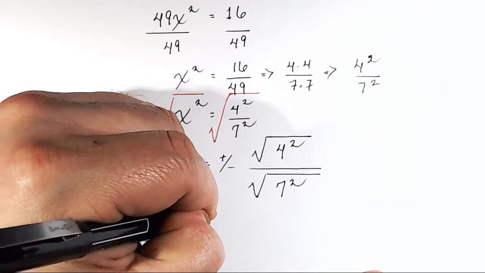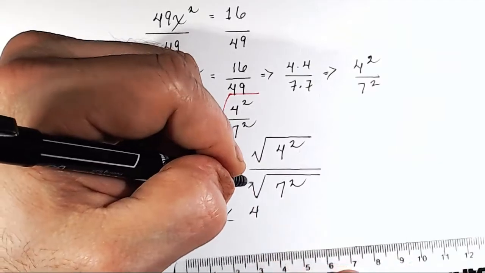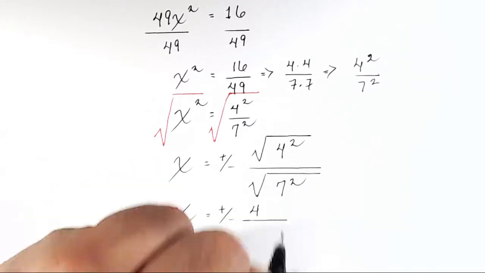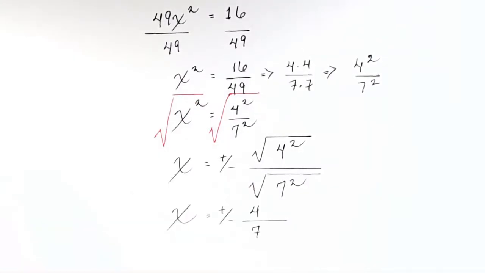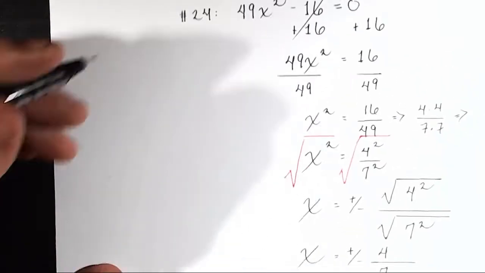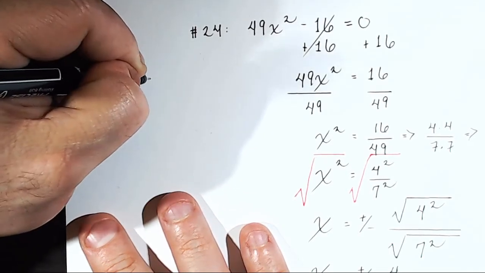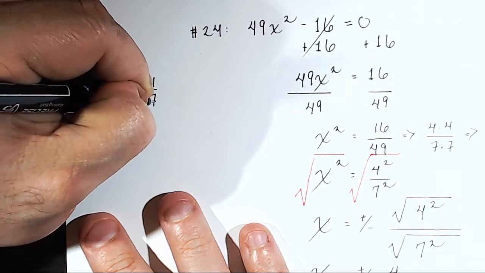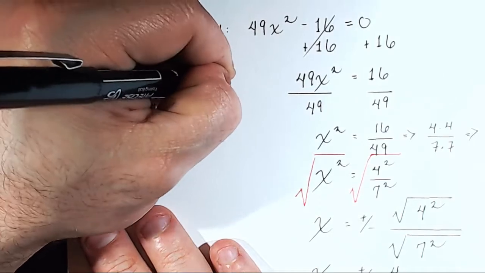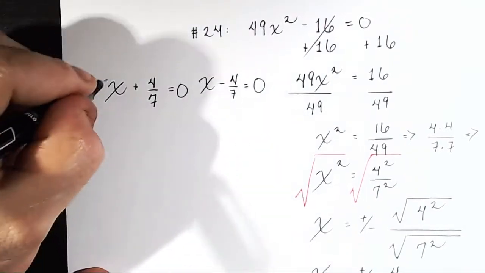So x equals plus or minus 4 over, square root of 7 squared is 7. So now I've got this same problem I had before. I have two solutions. One of the solutions is x plus 4 over 7 equals 0, and x minus 4 over 7 equals 0. And these are the factors.